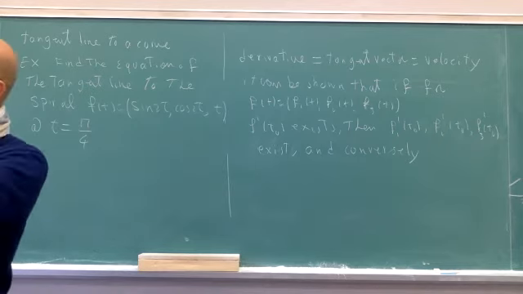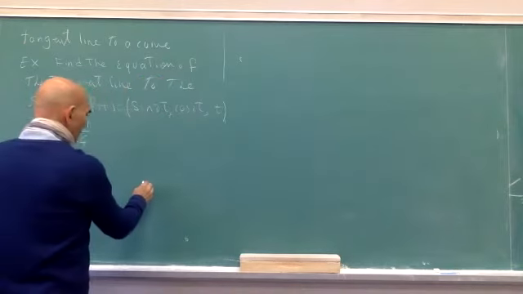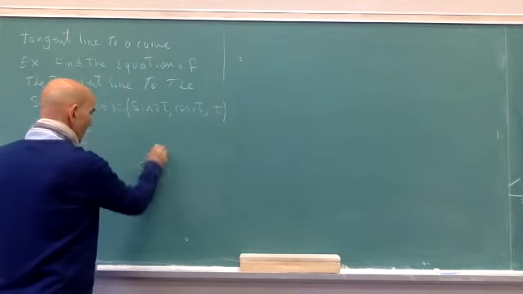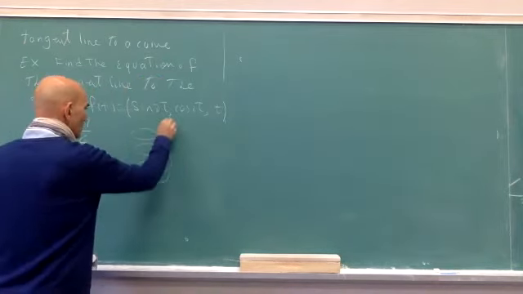But what we are trying to do in this question is something like this. So we have this spiral, and there is this tangent line, right? We want to find the equation of this tangent line.